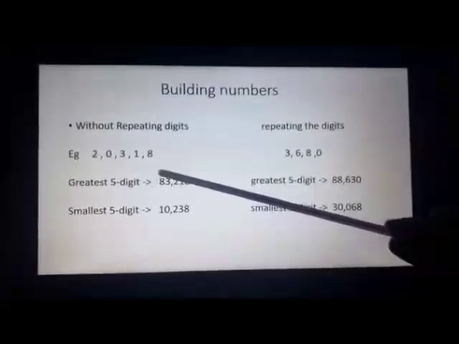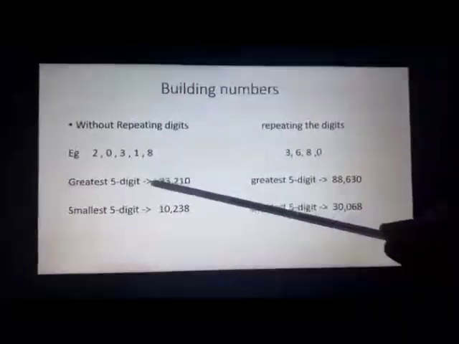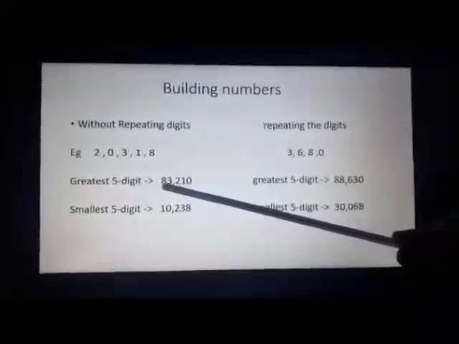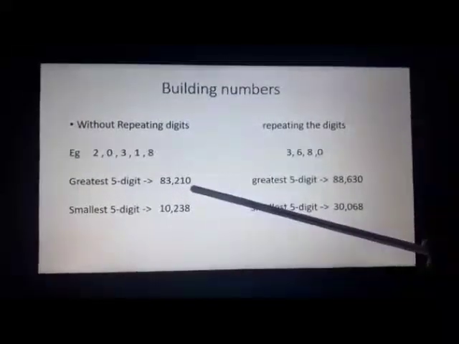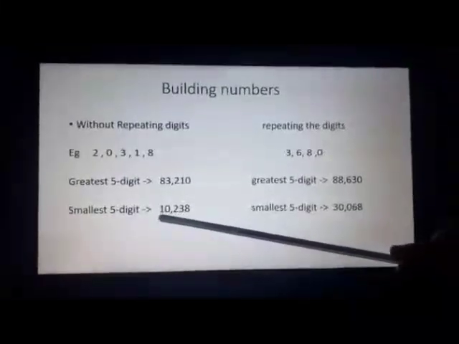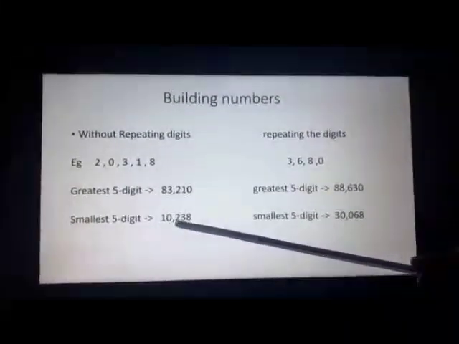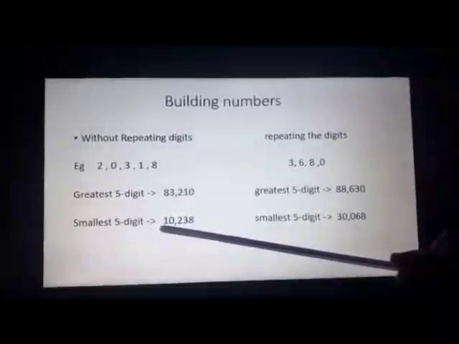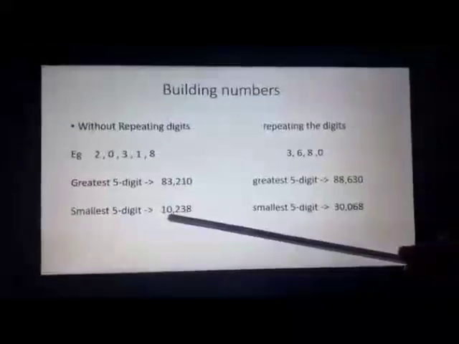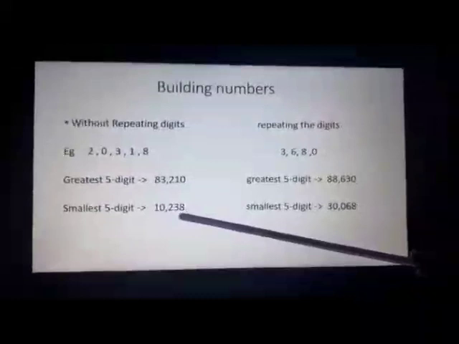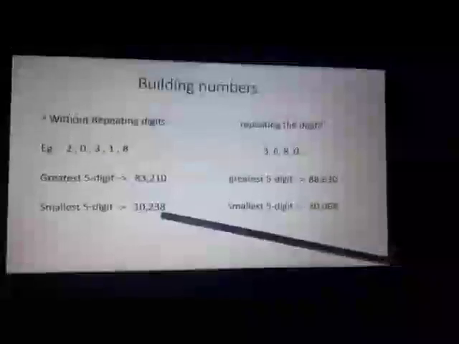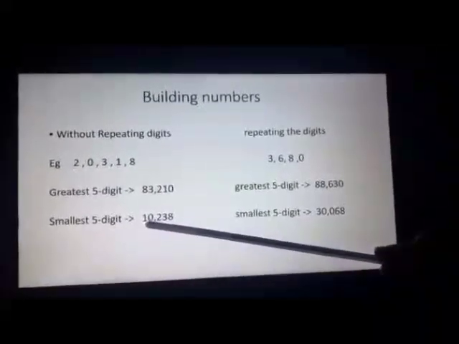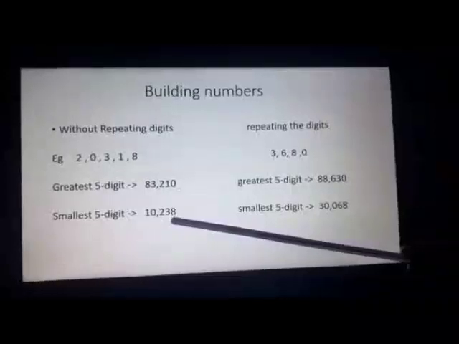Children, once again I remind you, don't put commas in between the digits except period commas. So that becomes 83,210. The smallest number here is 10,238. I know 0 is the smallest digit, but if I arrange 0, 1, 2, 3, 8, that becomes a 4-digit number. So I will not use 0 first, but in the second place.